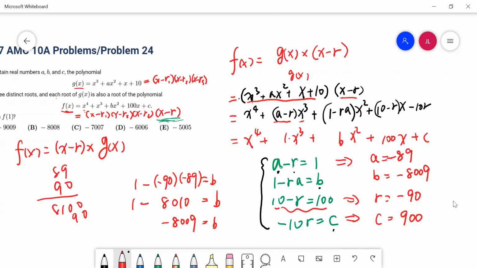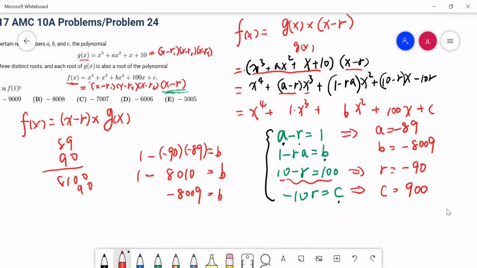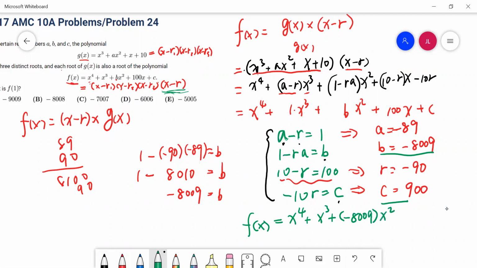All right. Okay, so let's see here. So we're going to find f(1). We have b here, we have c here. We already solved b, we solved c, we put f(x) equal to x fourth plus x cubed plus, this is negative 8009 x squared plus 100x plus c. c is 900.